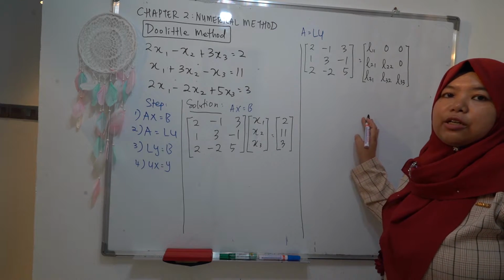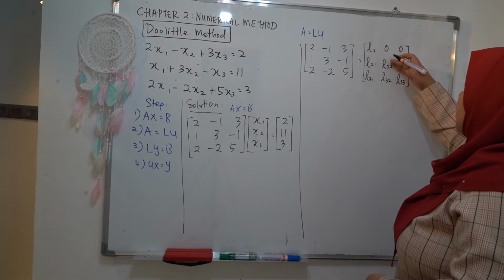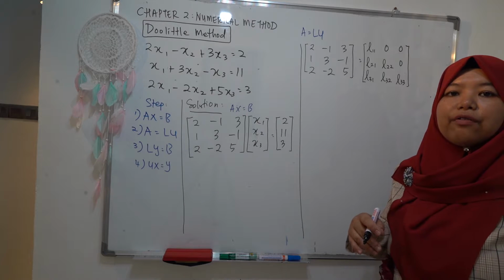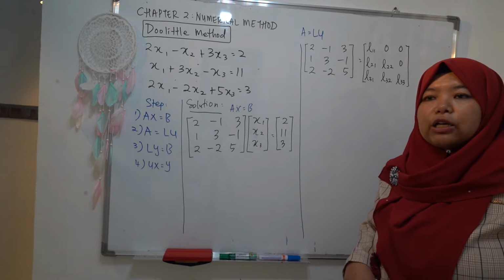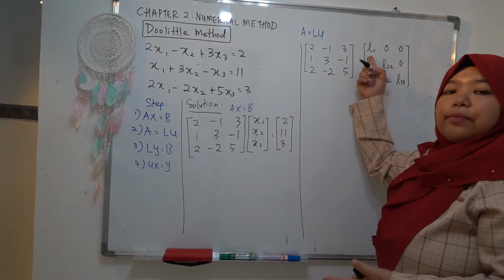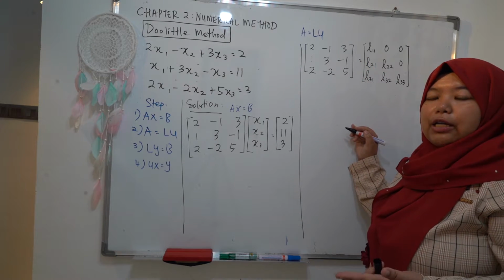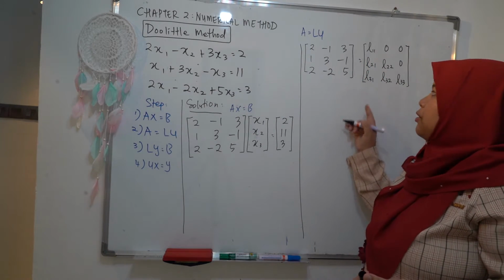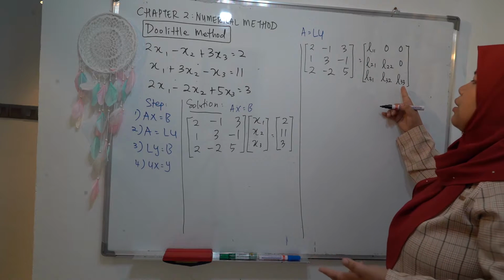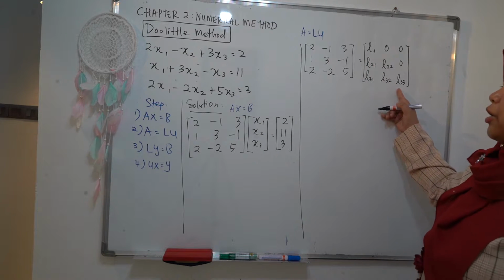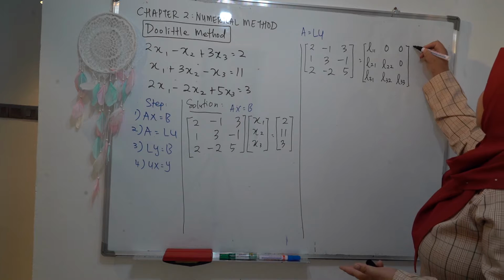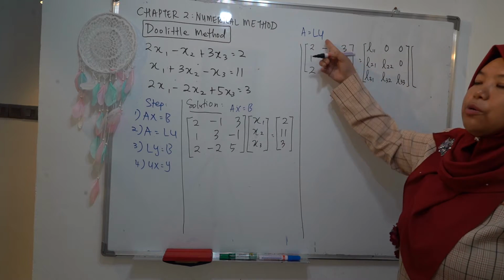In the lower matrix, from the diagonal and below, actually they have values, but we don't know them yet, so I just symbolize them with L, from L11 until L33. I continue with U. U means upper.